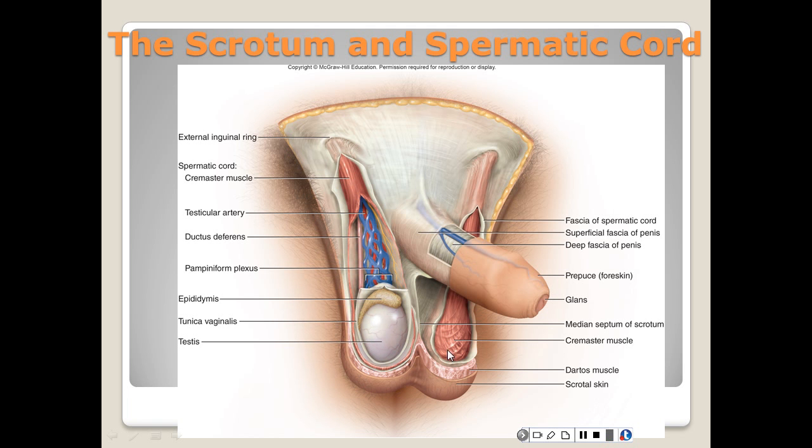Okay, see how the muscle is here, but then it extends and it wraps around or encloses the testes. On the right side, they have it actually cut open, but this is it running along the outside and it wraps around. And there it is again, the enclosed testes by the cremaster.